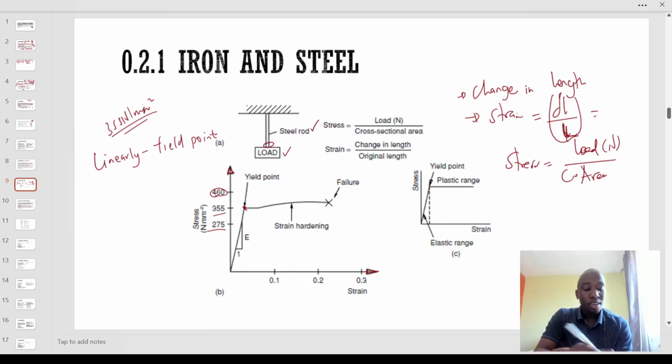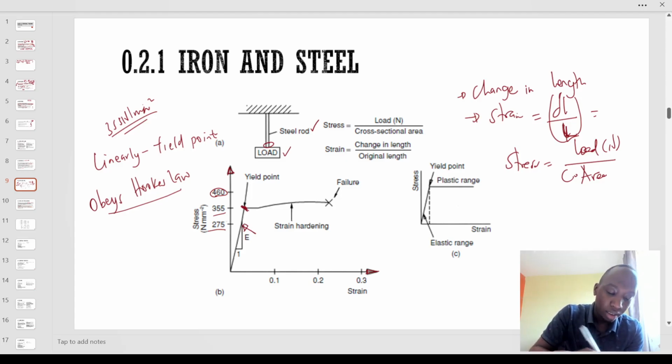So it will increase linearly, and when it increases linearly, we say it obeys Hooke's law, where stress is directly proportional to strain, at least up to the point where the elastic limit is exceeded. So here we say that steel is elastic, and here steel is plastic.